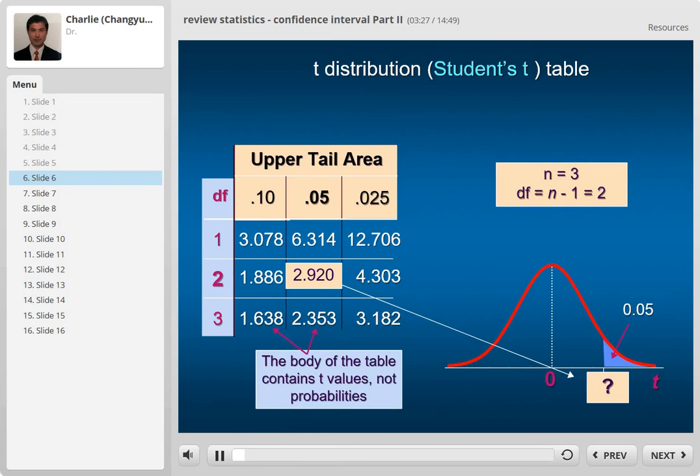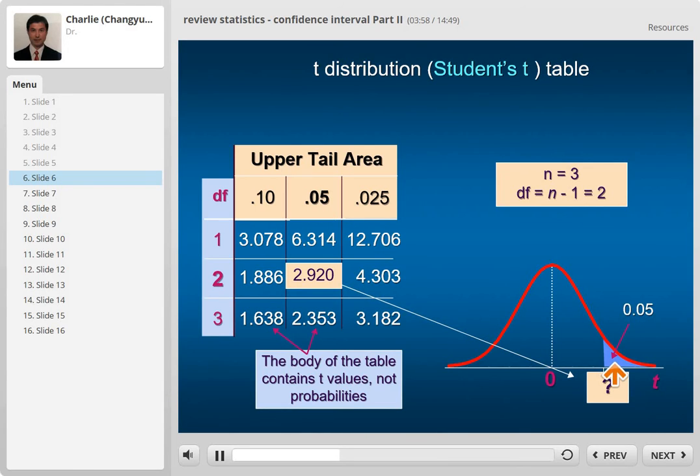Now, in order to find the value of this point, we go to the t distribution table. First of all, in the first column, we use the degree of freedom. We know in our case, degree of freedom equals 2, so find 2 here. Now, the upper tail area is given as 0.05, so we find 0.05 here.